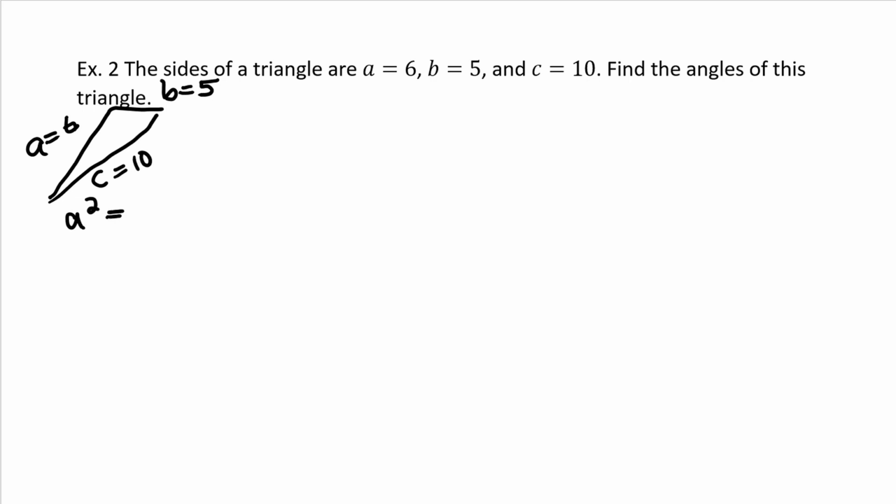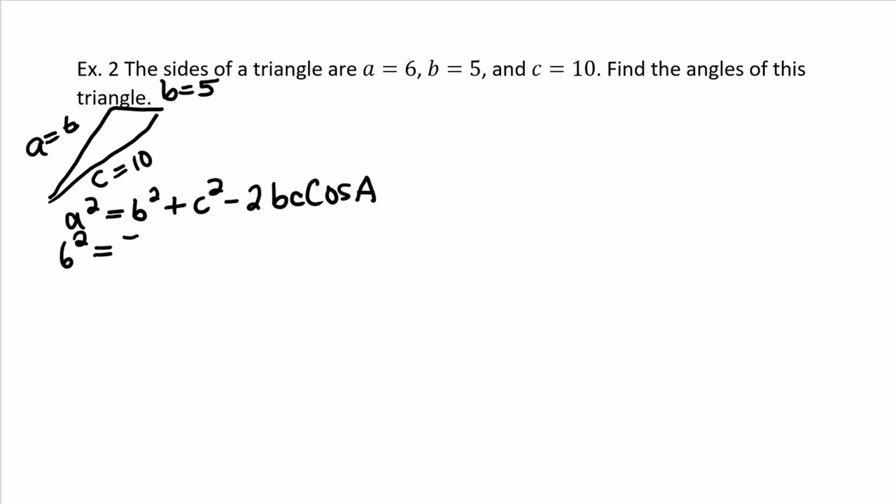A squared is equal to B squared plus C squared minus 2BC cosine of A. Remember, we're solving for angle A. The length of A is given as 6, so we square that.